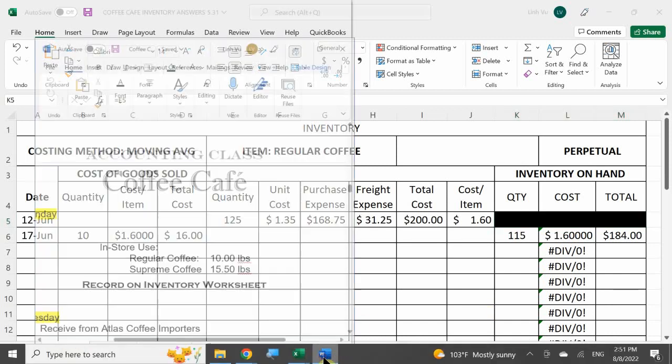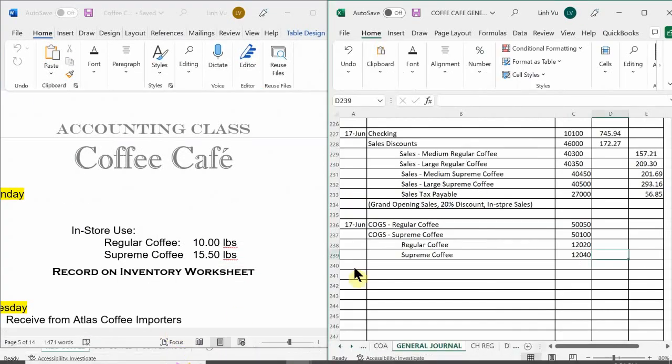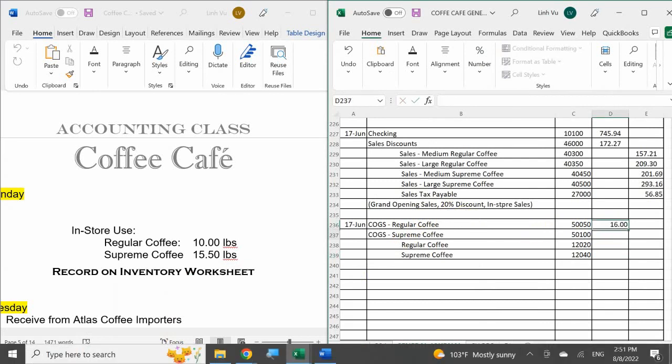So that's exactly what you need to do: you sold $16 worth of regular coffee, and you sold $27.90 worth of Supreme coffee. In this case, you used it, so that means you didn't really sell it, you used it. Therefore, you got rid of it off of your inventory, and that's exactly how we utilize inventory for perpetual inventory when we are dealing with a sale, right?